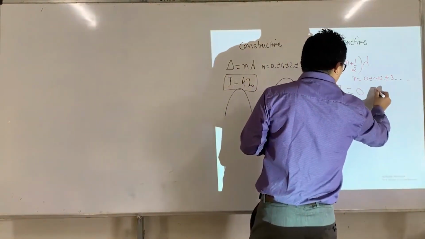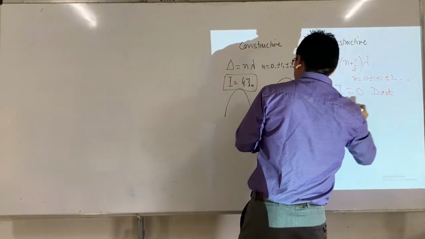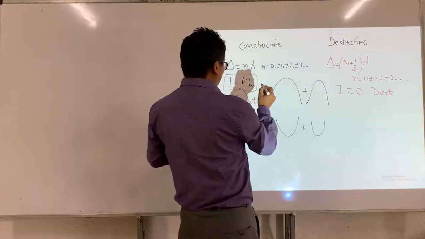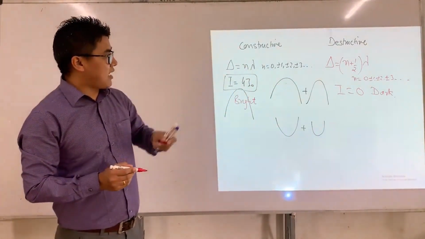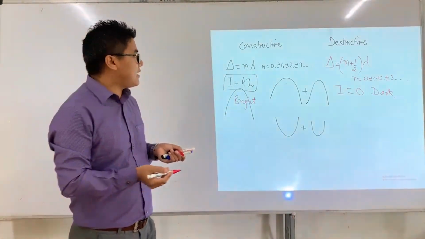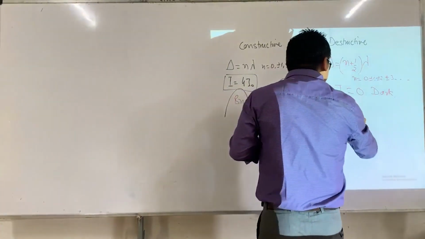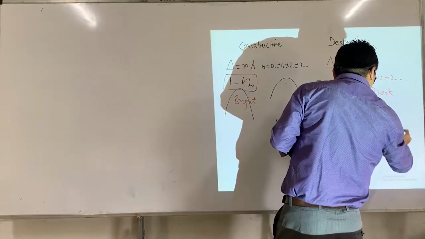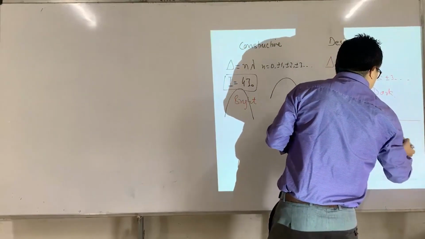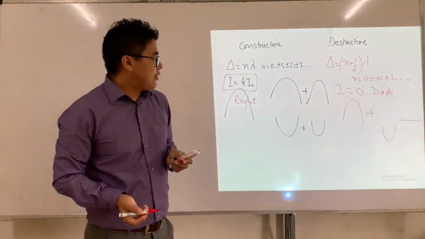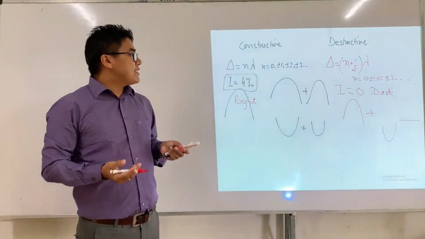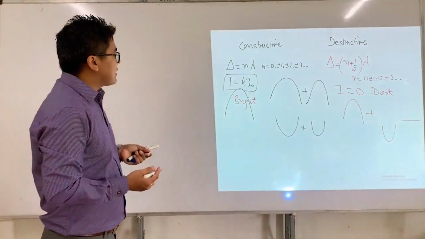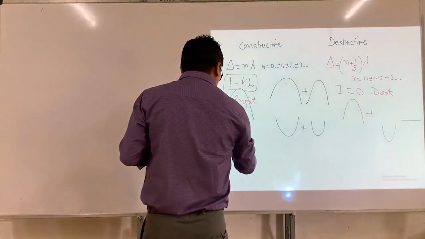This is going to be bright, and this is going to be dark. Why? Because there is no intensity. In this case, the crest is going to combine with the trough, which gives you 0 amplitude, and 0 amplitude gives you 0 intensity. This is for path difference.